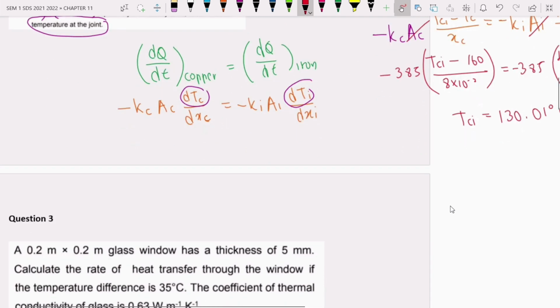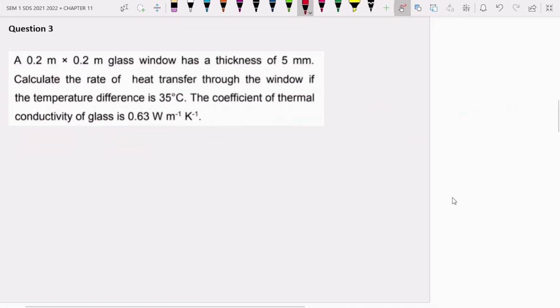Alright, let's proceed to the next one, question 3. A 0.2 meter times 0.2 meter glass window has a thickness of 5 mm. So we know 0.2 meter times 0.2 meter is the area, whereas the thickness of 5 mm is the length. Calculate the rate of heat transfer.